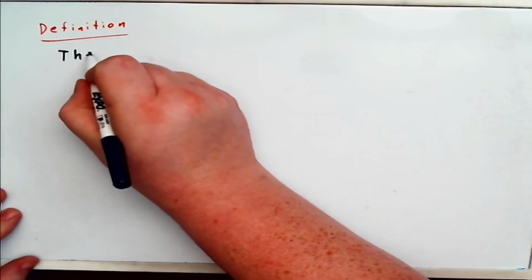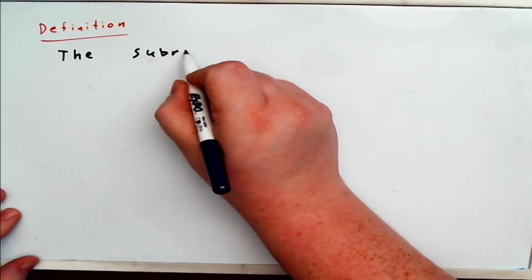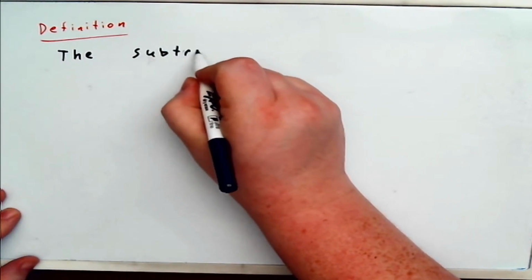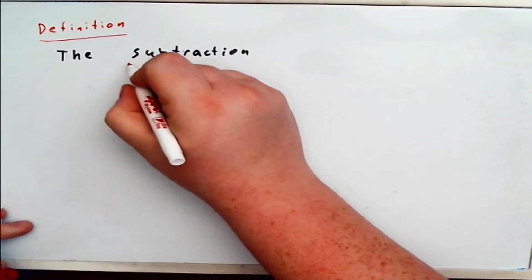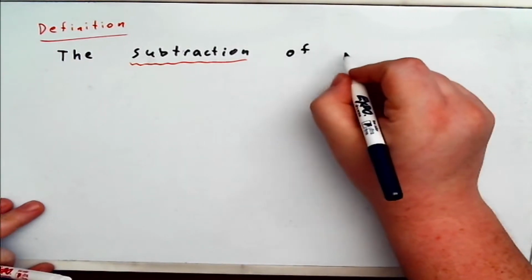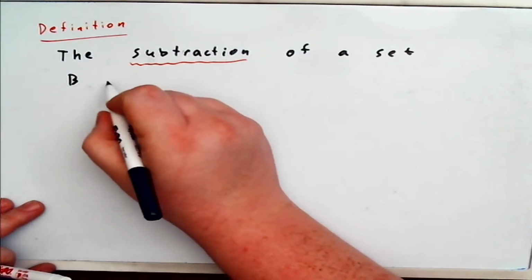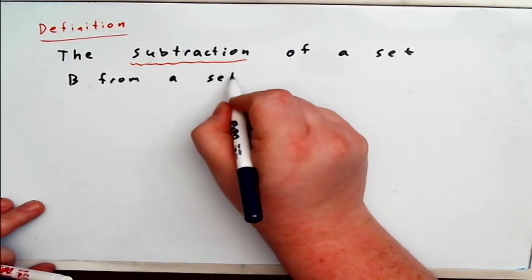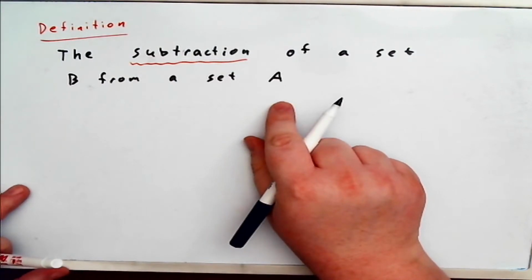All right, so with the definition, the subtraction or difference, oops, if I can spell today, subtraction, and again, that's what we're defining, set subtraction of a set B from a set A, right? So we're subtracting B from A, okay?